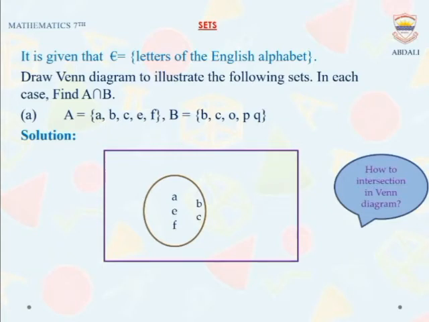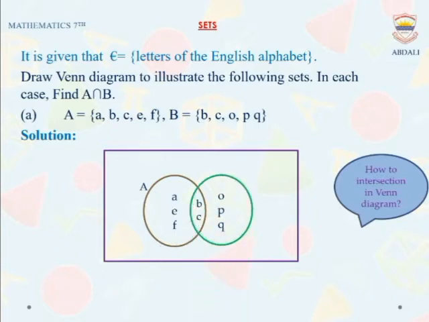You will get your answer. Now we are going to name it as set A. And after that, we are going to draw set B. So, we can see that BC is common in both set A and set B. That's why we have written BC in the corner.